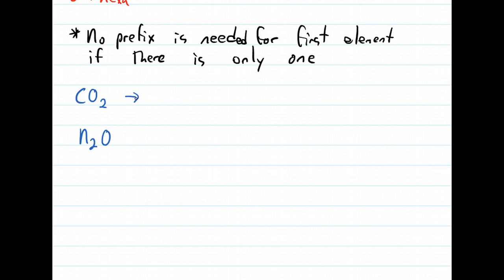Okay, so let's look at a couple of examples. CO2, we write out our elements. So we have carbon and oxygen. But what do we change the end of oxygen to? Ide. So it becomes oxide. And then we put in prefixes.